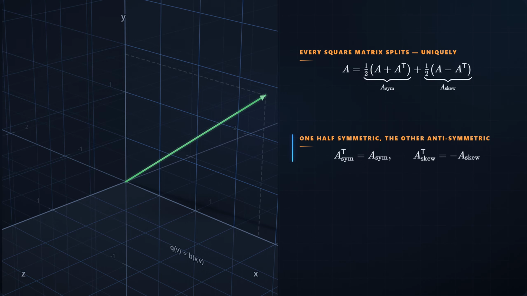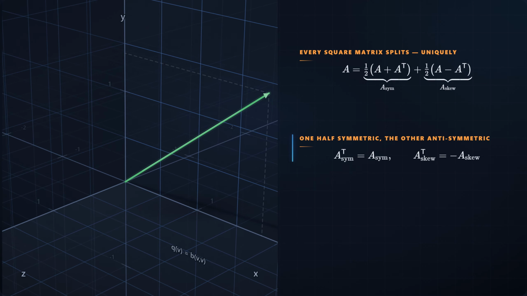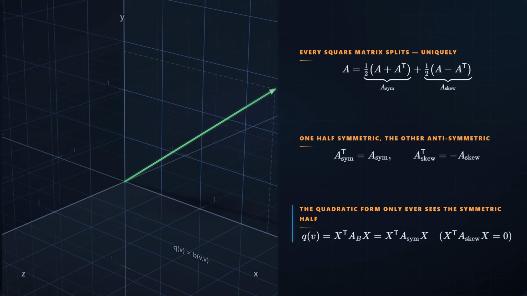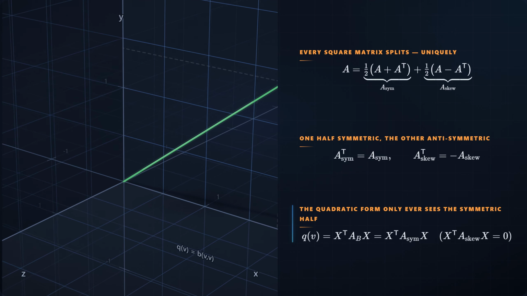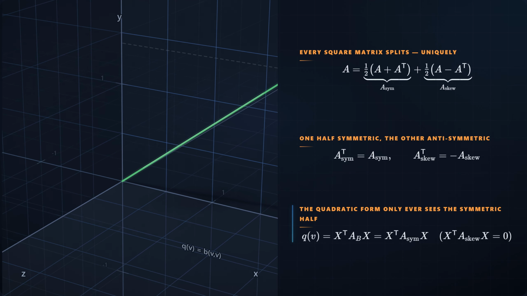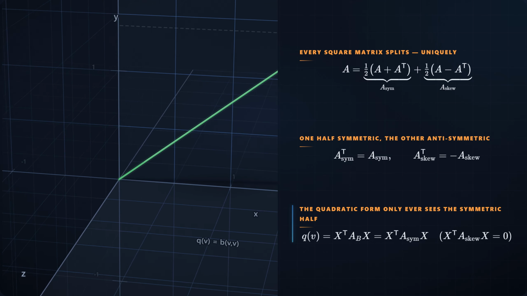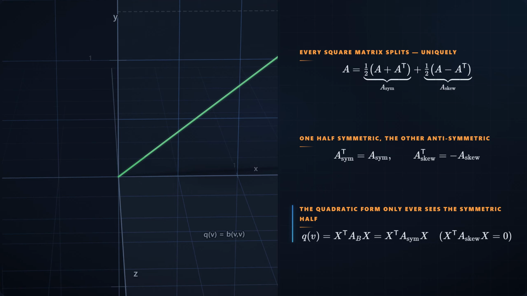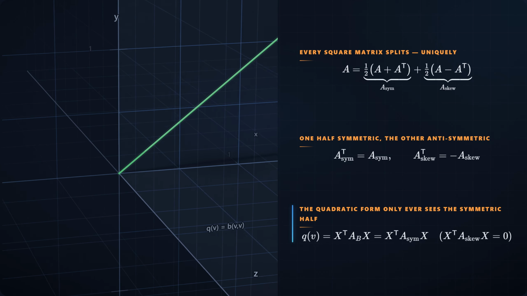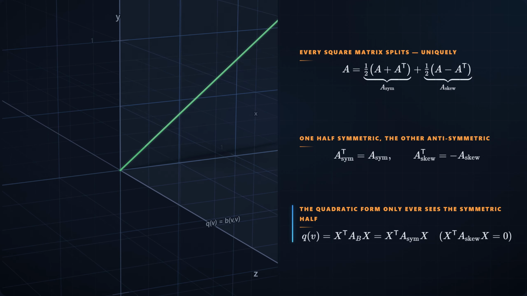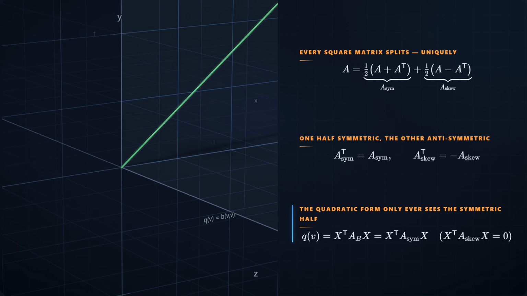Because the antisymmetric half contributes nothing. We just proved a skew form vanishes on every vector paired with itself, so its piece of Q is flat zero. The quadratic form only ever feels the symmetric half. So if all I care about is V against itself, a length, an energy, a distance, I can throw the skew part away entirely.